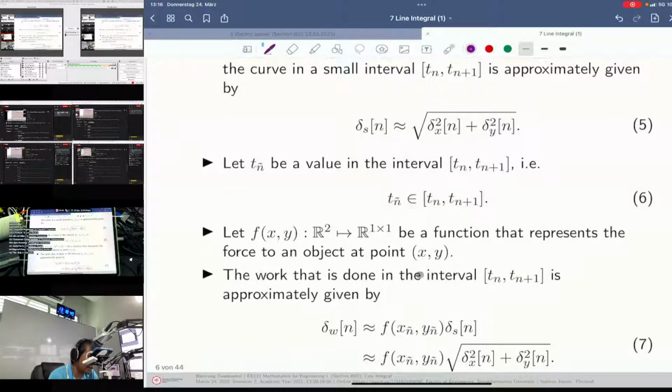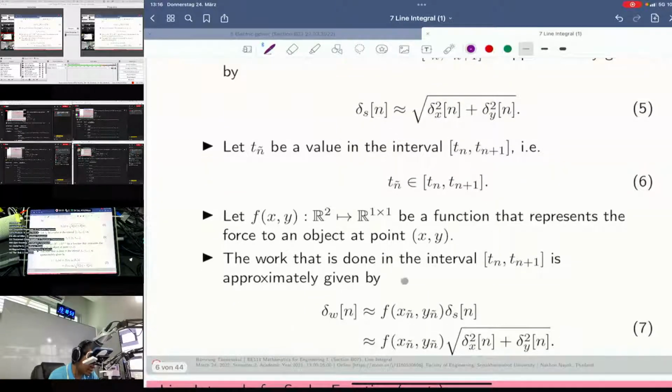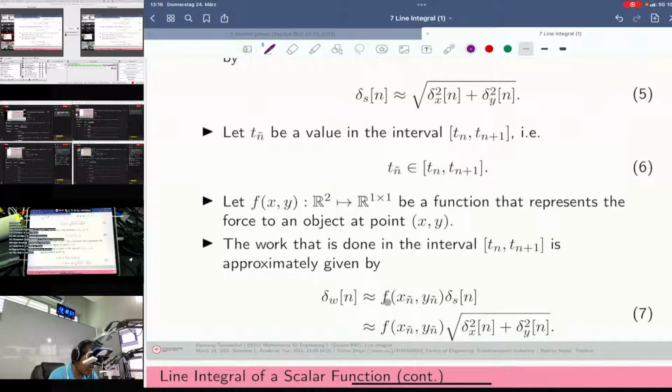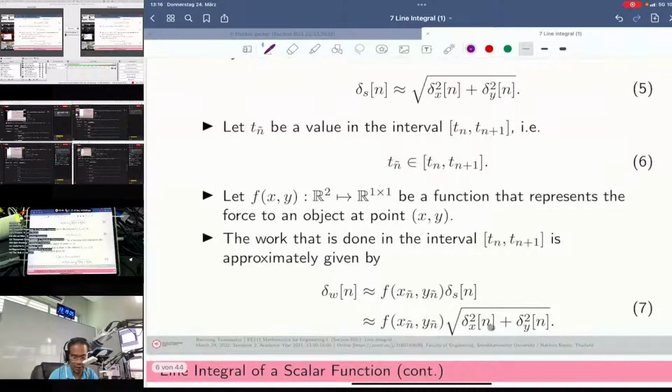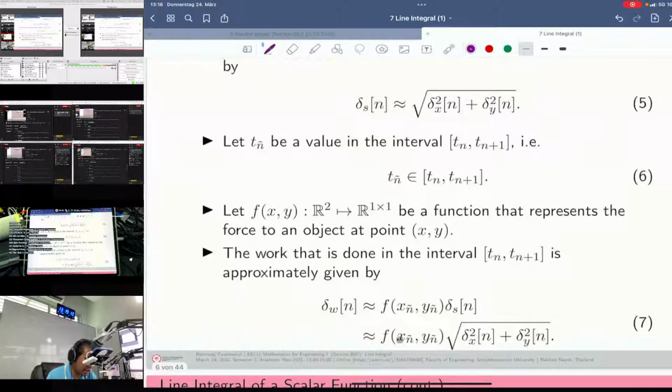The work done in this interval is approximately given by the force times the distance. Once we use this relation for the distance, we get the square root of this term times the force at the interval.